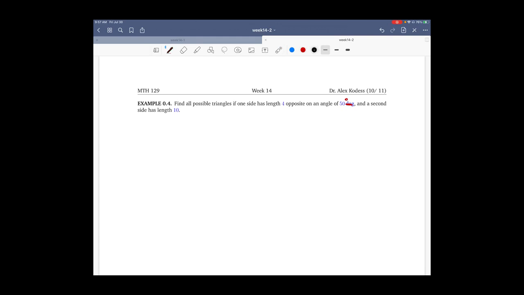So we have in our triangle an angle of 50 degrees, and the side opposite to it is of length 4. Of course, there are multiple ways how this can happen, like this, like that. Hard to say.